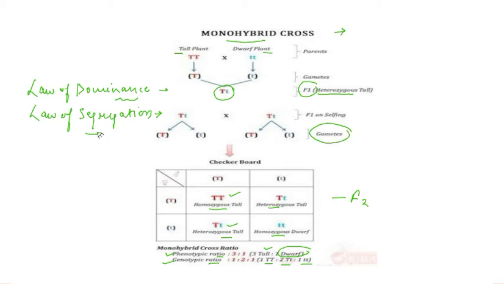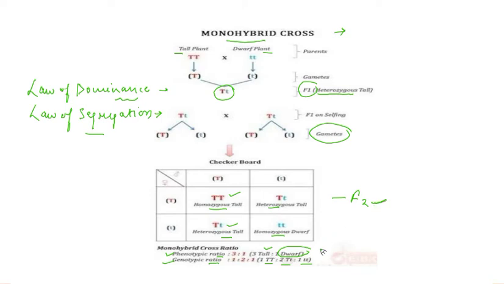So this is what the law of segregation is, where when the two plants of F1 generation are crossed, the characters are segregated at the time of gamete formation, which resulted in the reappearance of the recessive character in the F2 generation.